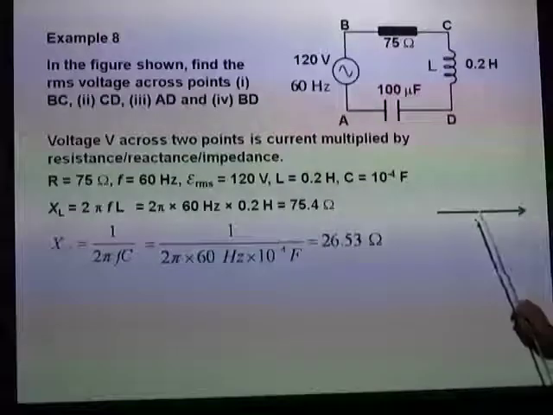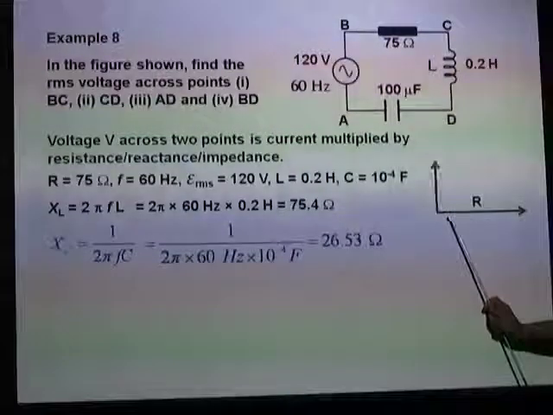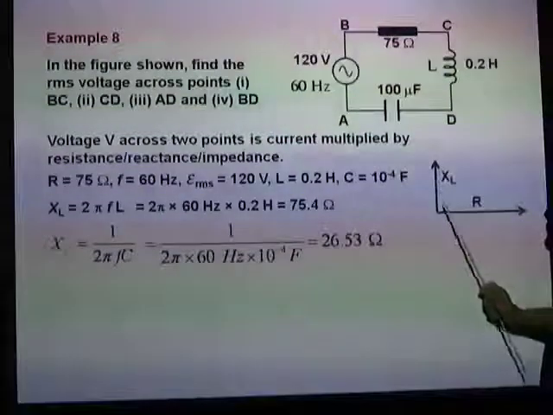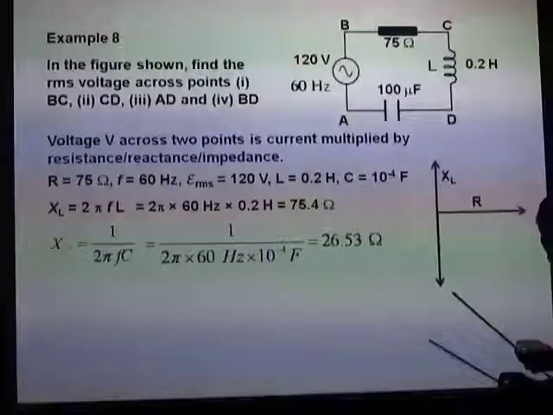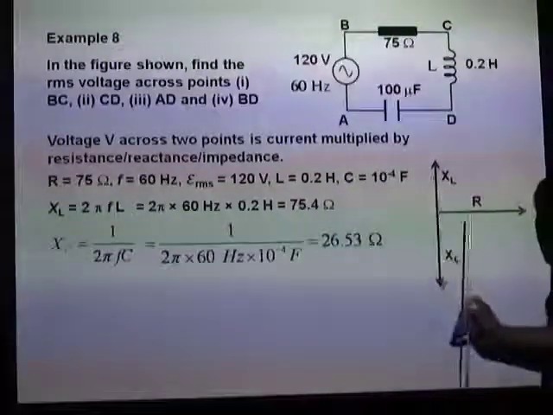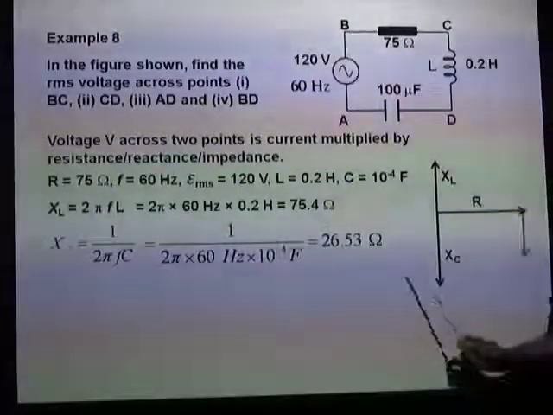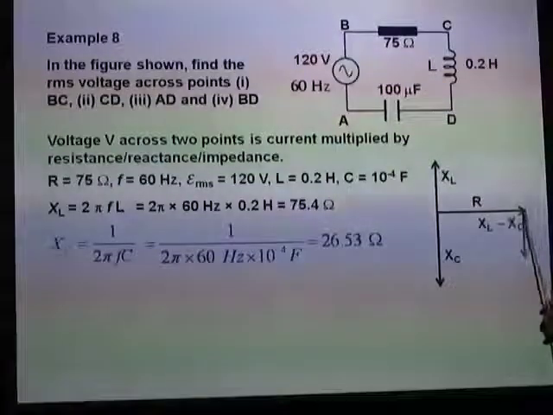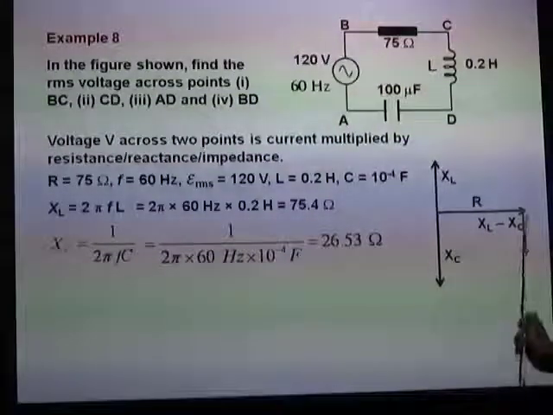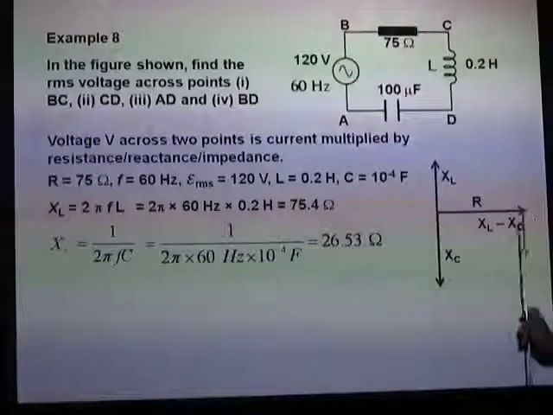So we have that's R, and that's your XL, and that's your XC. I hope you remember that diagram. Now, the yellow line, I think it has gone out of the screen.